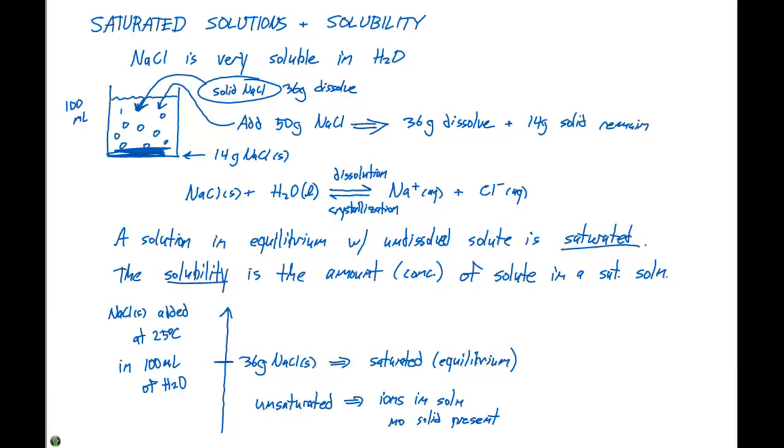Anything above the saturation point we can say is supersaturated. And we're going to have excess solid present plus the ions in solution. And in this case, the ions will be Na+ and Cl-.